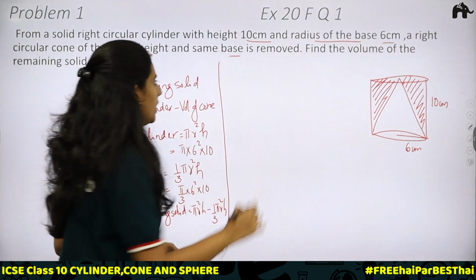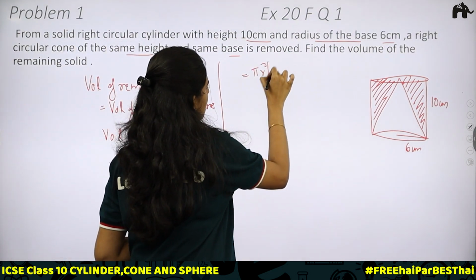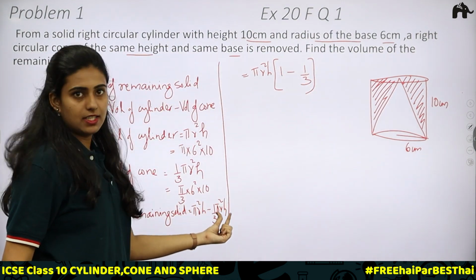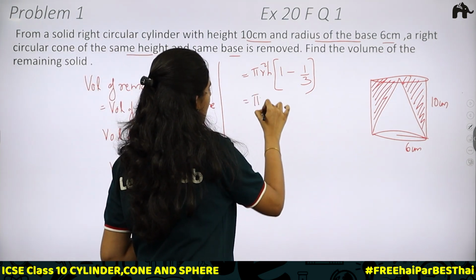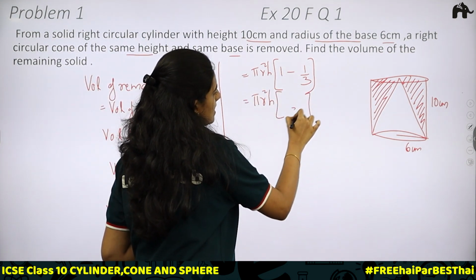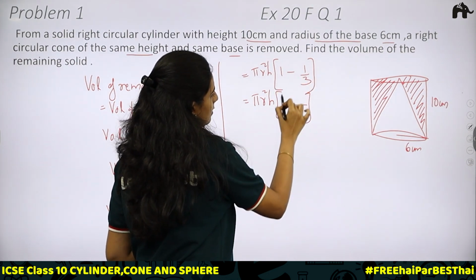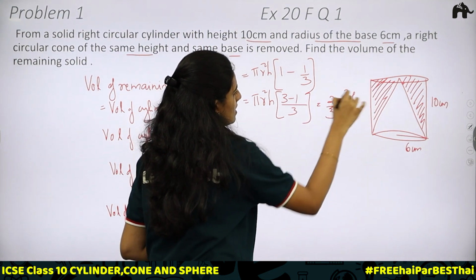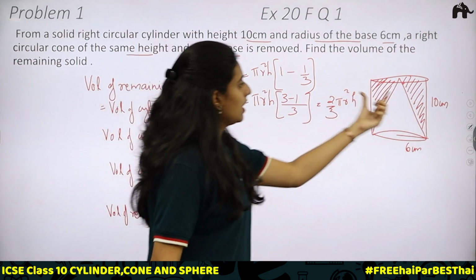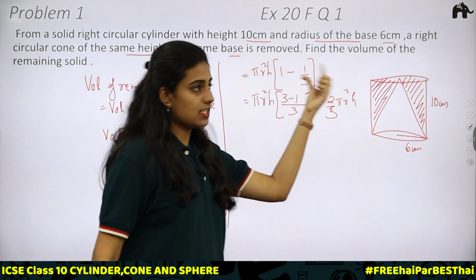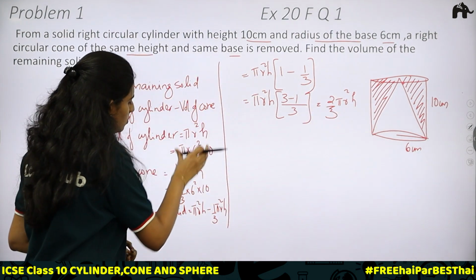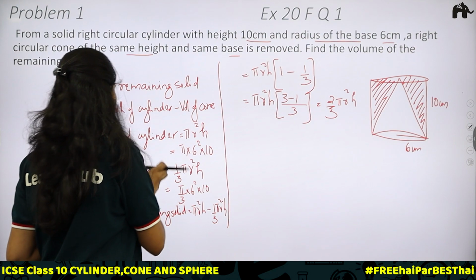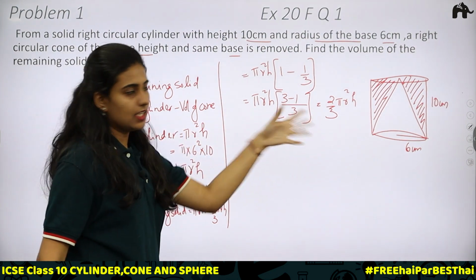Pi r square h is common. Taking out pi r square h, we will be having 1 minus 1 by 3. Pi r square h into LCM 3, 3 minus 1, that is 2 by 3 pi r square h. So, the volume of remaining solid is 2 by 3 pi r square h. Either you can do like this or find the values separately, that is the volume of cylinder, the volume of cone, and subtract the volume of cone from the volume of cylinder. I think this will be easier.